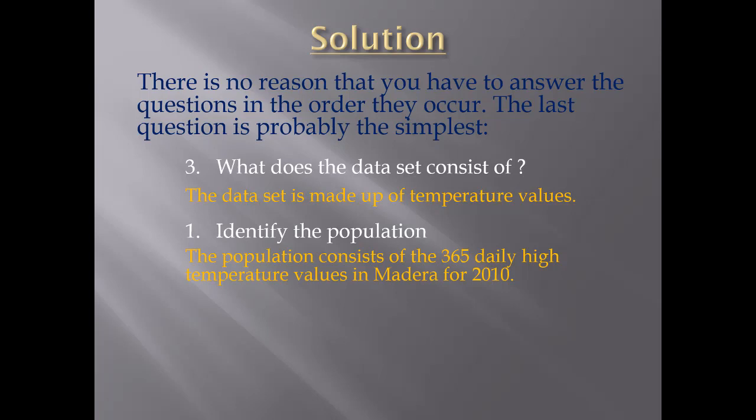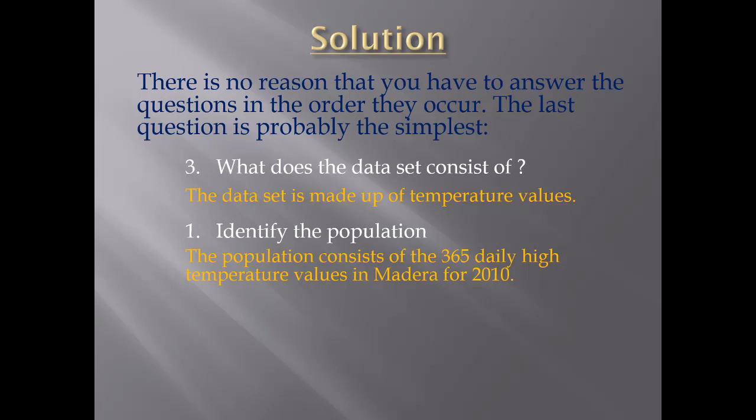So we don't just say the daily high temperature values. We add in all the information we possibly can. We knew how many there were because there were 365 days in the year 2010. We knew that they were daily high temperature values in Madeira for 2010. So all of that descriptive information should be part of your description of the population. Always be as specific as possible.